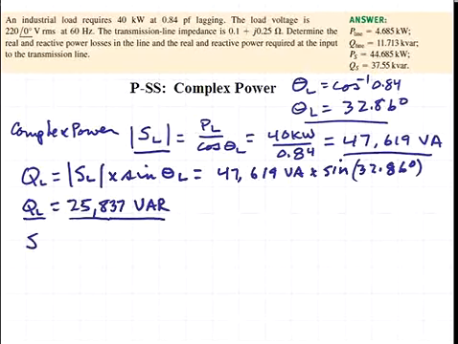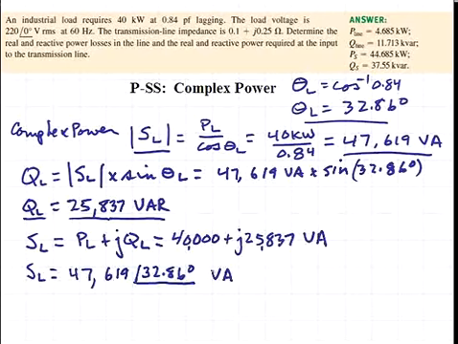Now we can write the complex power in its complex form as P sub L plus jQ sub L, and that is equal to, or S sub L is equal to 47,619 at an angle of 32.86 degrees volt amperes.